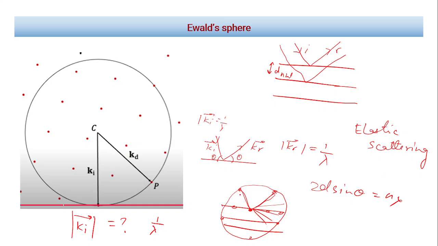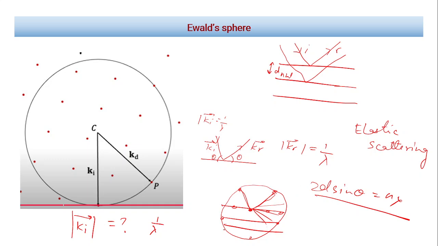So only when the diffracted vector lies on these spheres is this condition satisfied, and only then do we get X-ray diffraction. This is how we define Bragg's condition in reciprocal space.